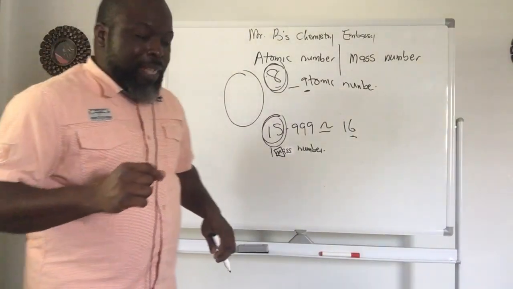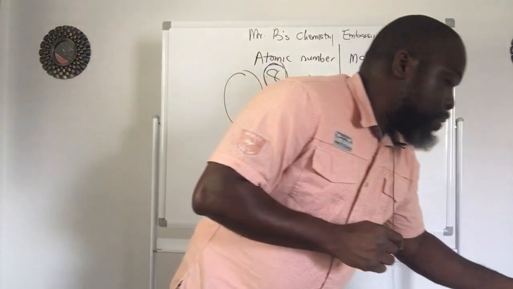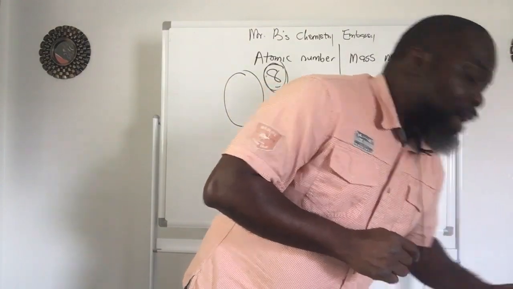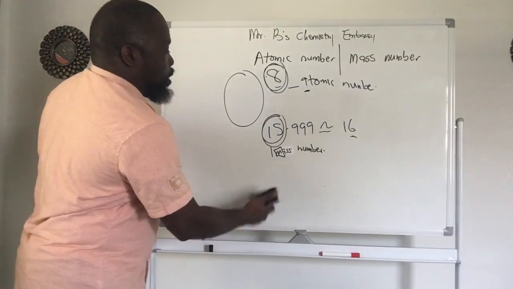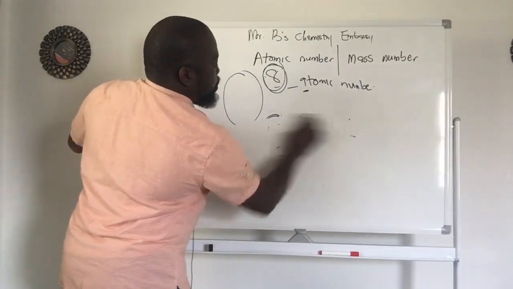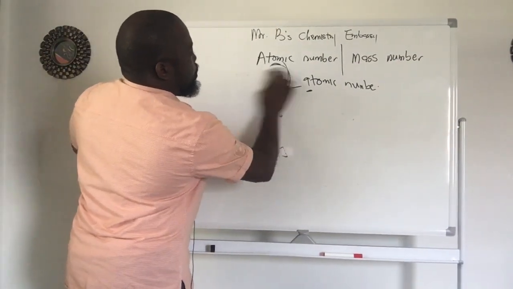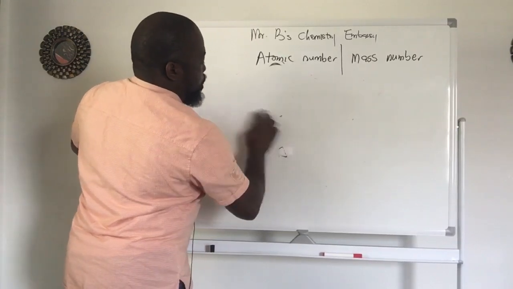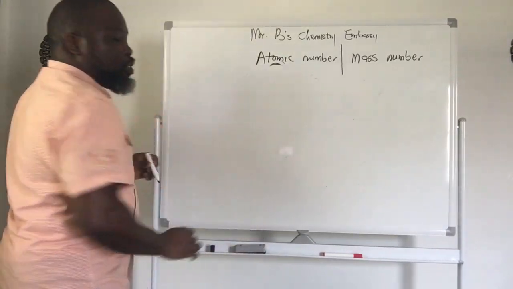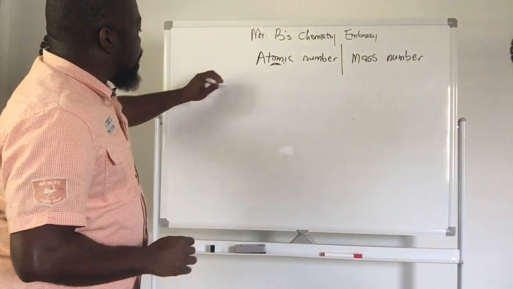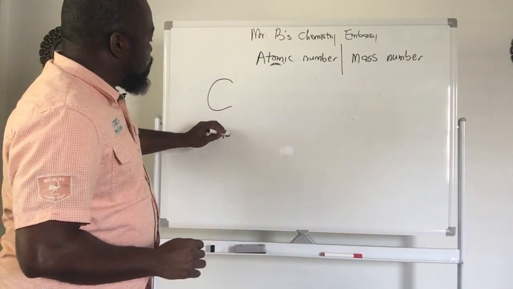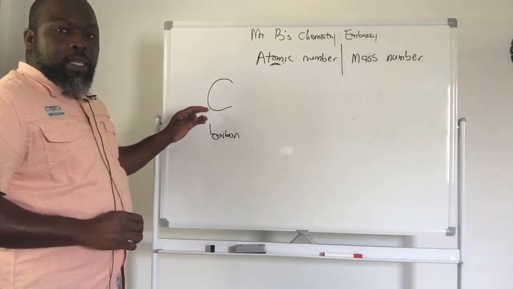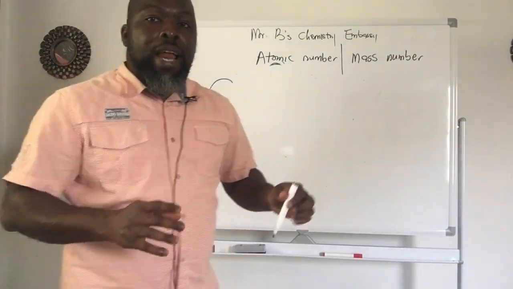So let's take another example. Let me look on my periodic table. Let's take carbon. Carbon is represented by what? Let me clean this up real quick. All right. So when we look on here, we'll see that our carbon is represented by C. When you take your periodic table and look on it, I can see two numbers here.